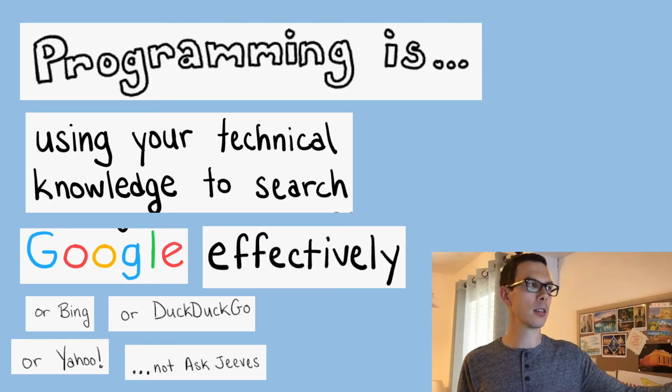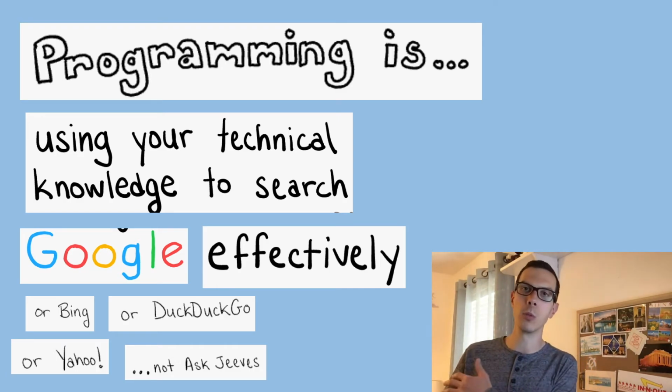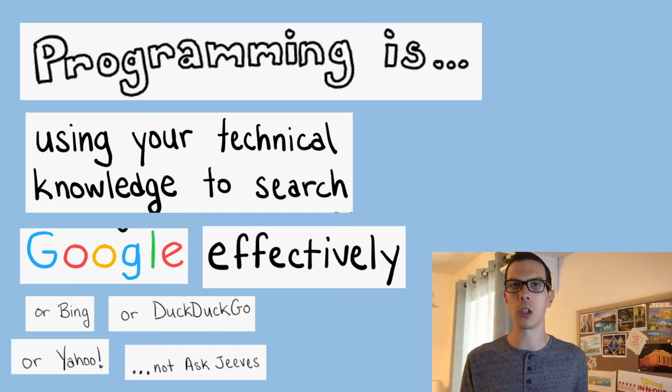But I put here specifically using your technical knowledge, because the articles usually are technical, so they have jargon in there that's hard for people who aren't technical to understand. So you still do have to have that basis of knowledge, but once you have that, you can Google and search effectively and understand what you're finding and do some powerful things.